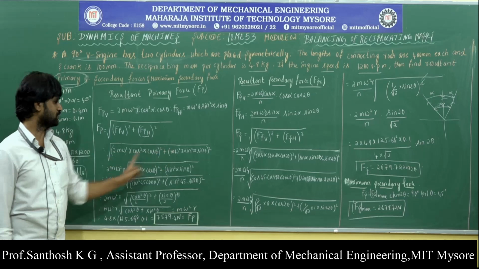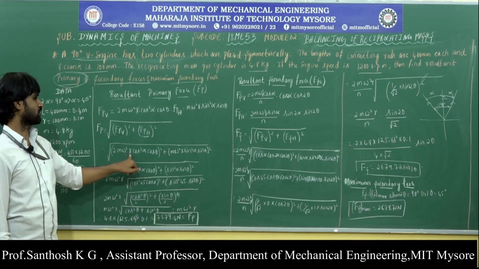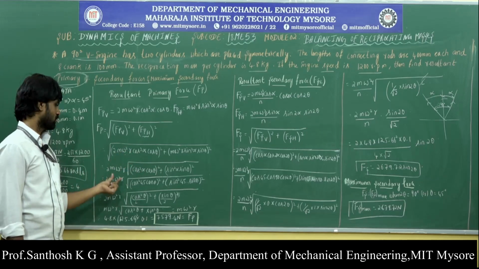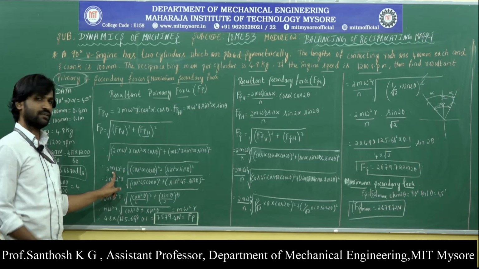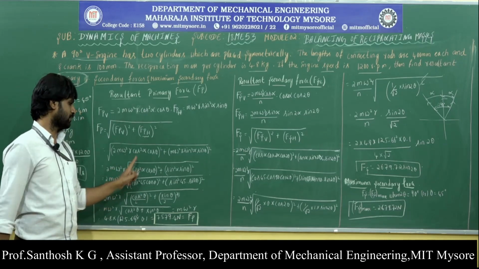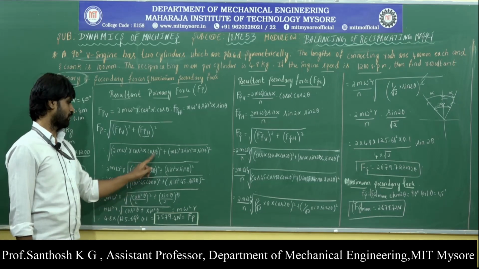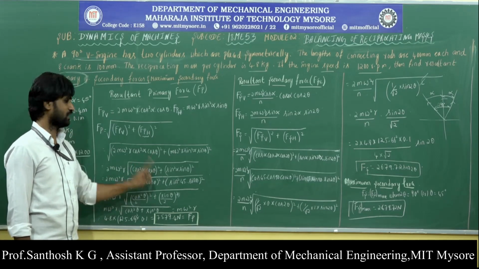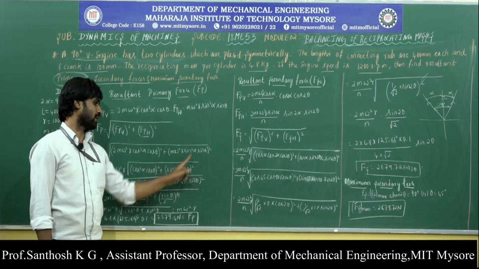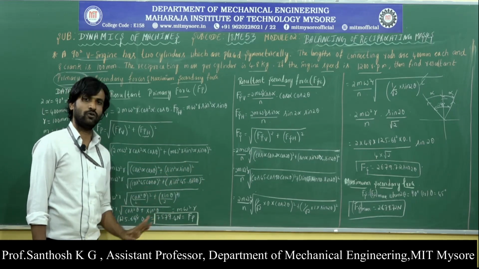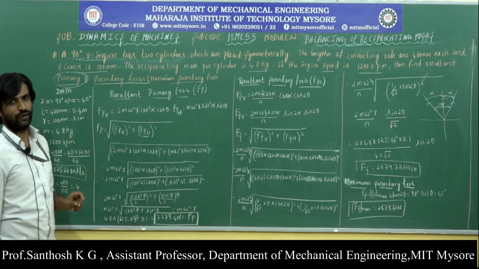If you observe these two terms, they have 2m omega square r as common, so I have taken 2m omega square as common. In the first term I am left with square root of cos square alpha cos theta whole square, and in the second term sin square alpha sin theta whole square. Now we know the value of alpha, it is 45.